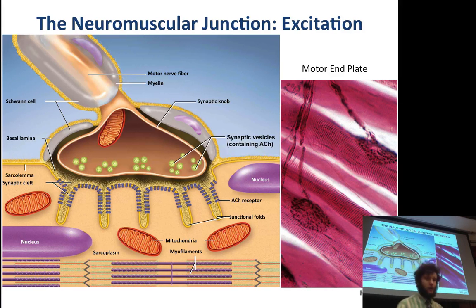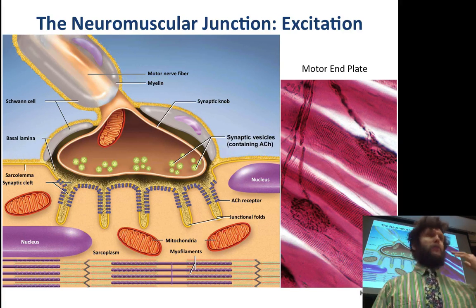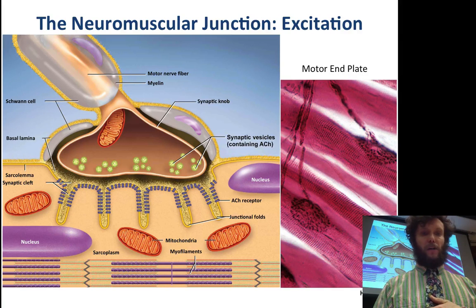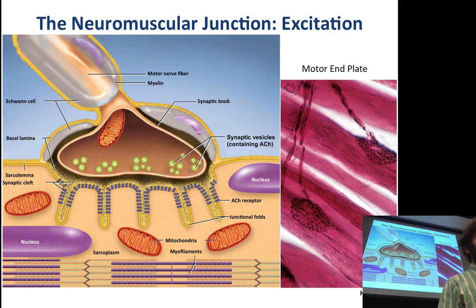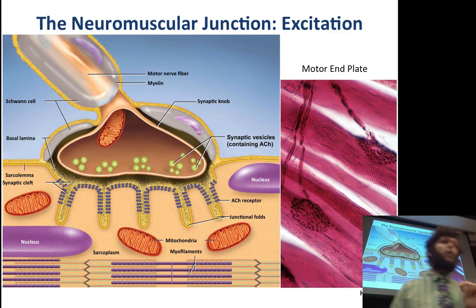All right. So just to go over a picture to remind yourselves of the anatomy before we go into depth with how this happens, we have the motor nerve sending out the telodendria, terminating in the synaptic knob. The presynaptic membrane is loaded up with these synaptic vesicles full of a neurotransmitter, which in this type of synapse, is acetylcholine.